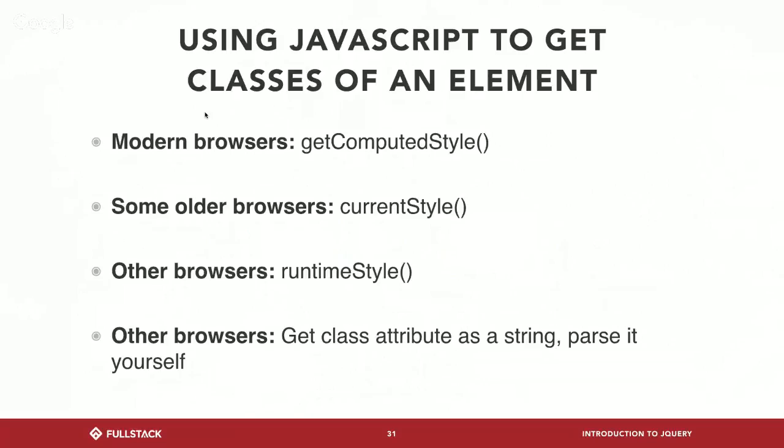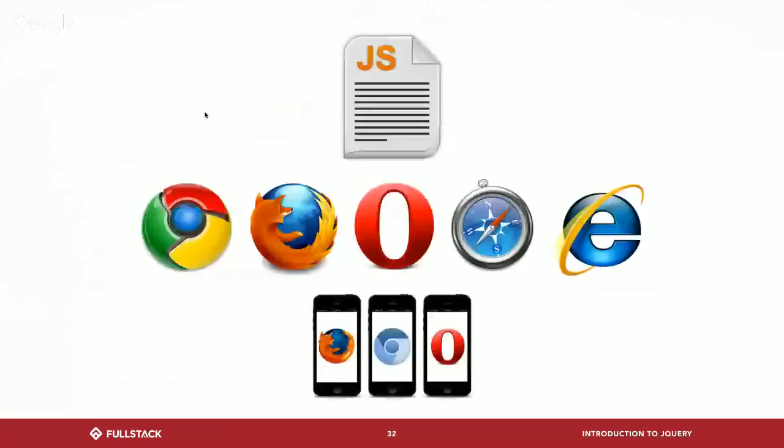You'd ask for its computed style, its current style, its runtime style, maybe you'd get the class attributes themselves and end up parsing them. And the bottom line is that all these things are really different engines that you're writing code for. And that's what ends up becoming tricky.